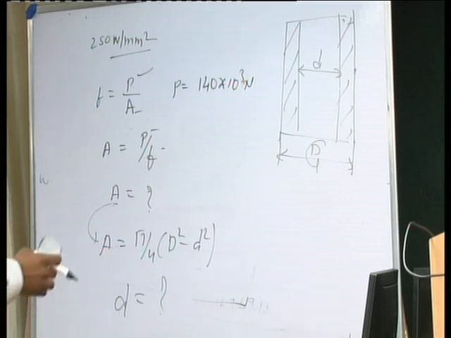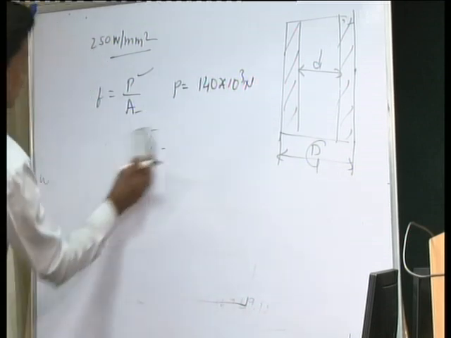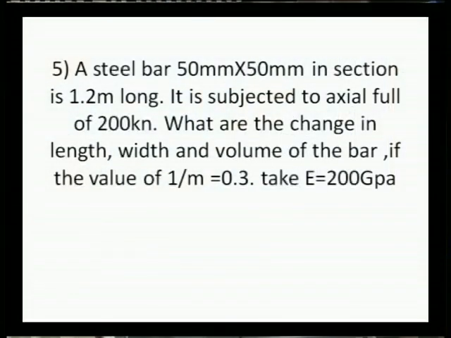Now another problem is given here. A steel bar of 50 mm by 50 mm in section is 1.2 meter long.